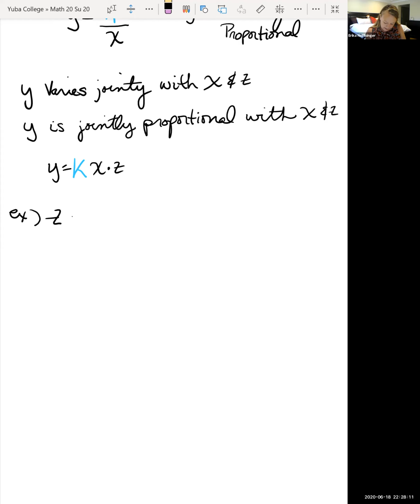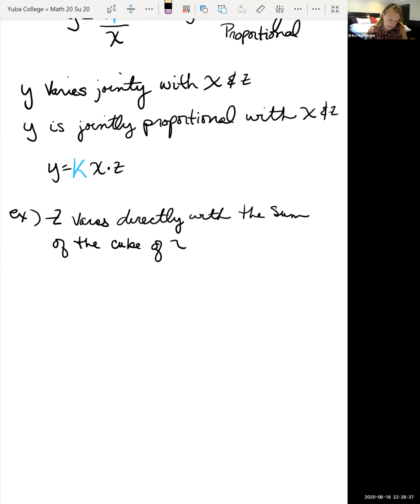z varies directly with the sum of the cube of x and the square of y.